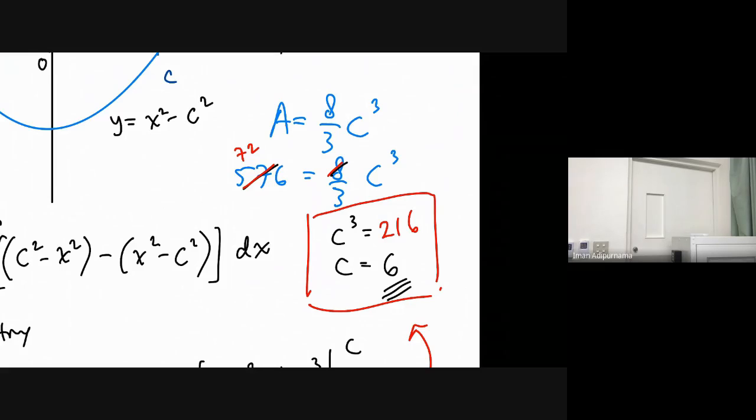In integration, whenever you see symmetry, what I'm suggesting is that you simplify your numbers and avoid the negative-positive mistake. Let's say you have negative 3 until 3.